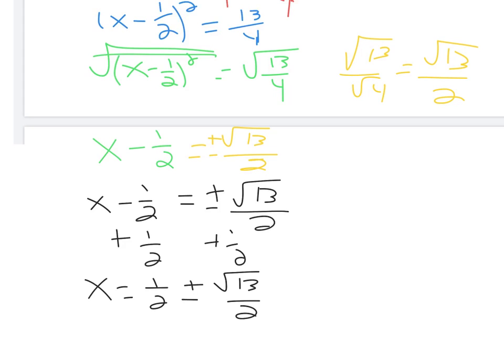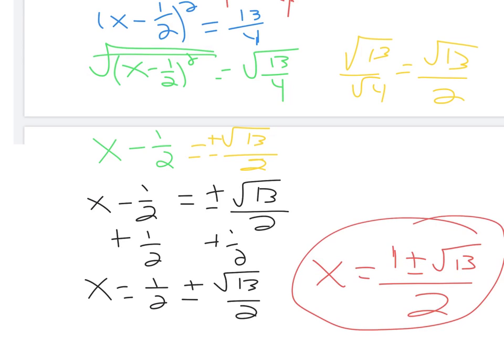Since I don't know what the square root of 13 is, and since they're both over 2, I could simplify my final answer to say that x is equal to 1 plus or minus the square root of 13 over 2. That one's, again, a little bit more complicated because the roots of that quadratic equation would not be a nice, perfect whole number.